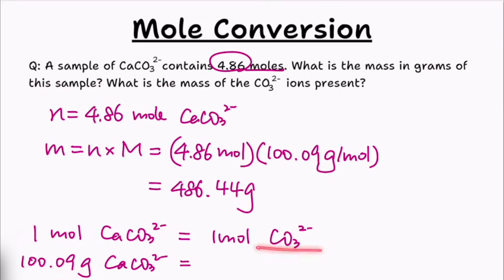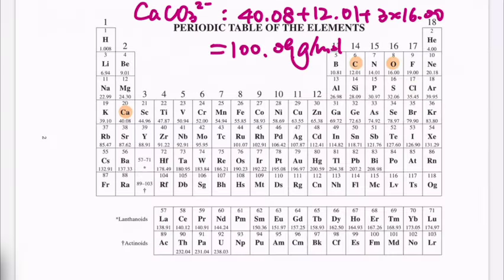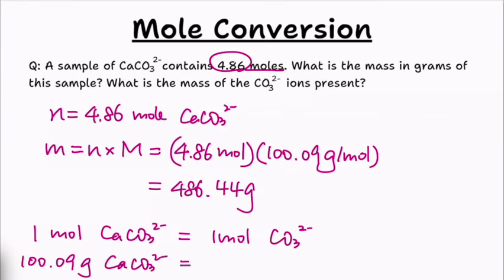Then what about for the carbonate? The molar mass of the carbonate will be this part only, which is 60.01. So 1 mole of the carbonate is equal to 60.01 grams of the carbonate ions. This ratio is the same as this ratio.